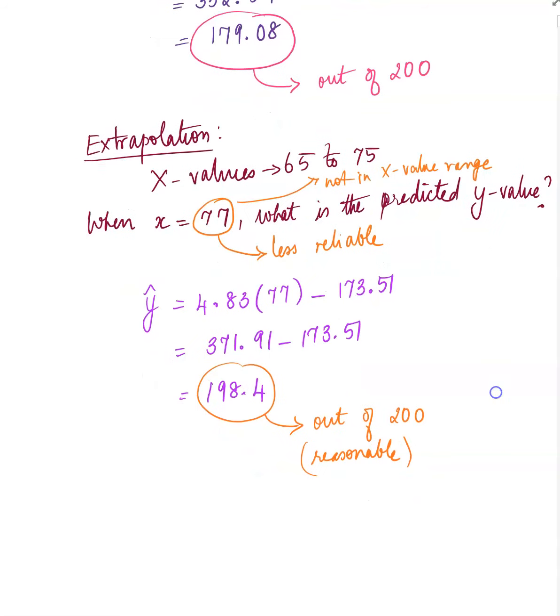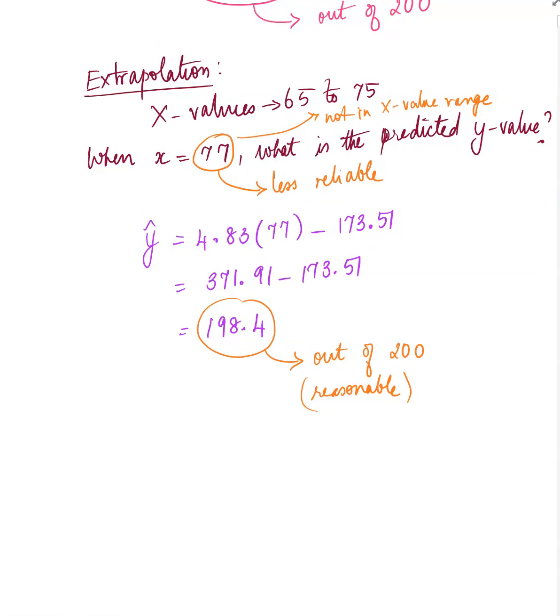In extrapolation, we also have another option. What if I chose x to be 90? What is the predicted y?